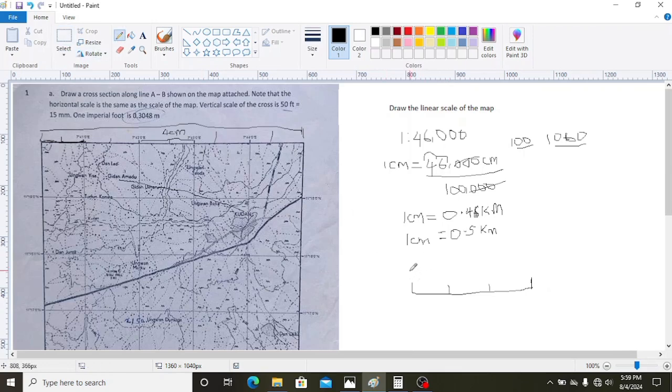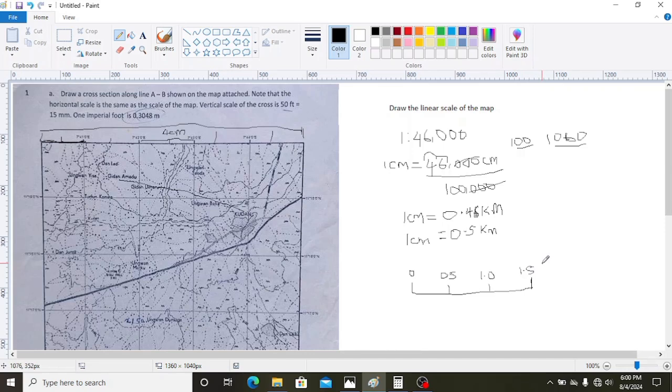So at the beginning here, I'll have 0. The one that follows it, I'm going to have 0.5, because I said each centimeter is 0.5 kilometer. If I add 0.5 to it, I have 1.0 kilometer. Then add 0.5 again, I have 1.5.